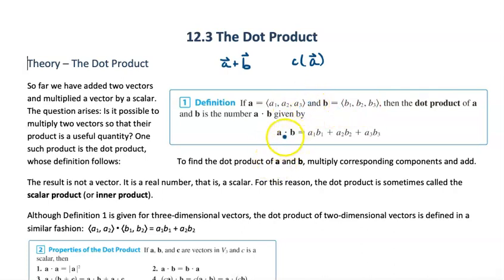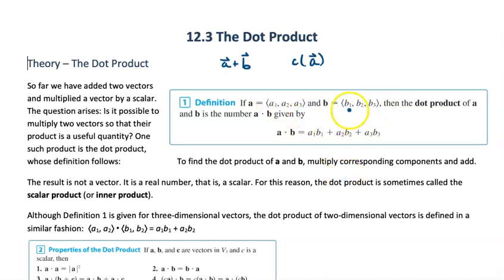When we multiply A and B using the dot product, we take the first component of A and multiply it by the first component of B. In this form, remember, we're not using that i, j, and k notation, so A1 and B1 are just numbers. Then we add to that the product of the second components of each vector, and add to that the product of the third components.